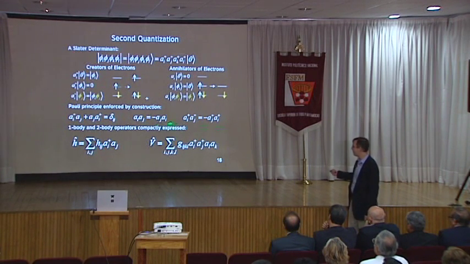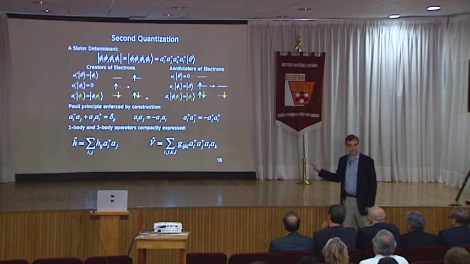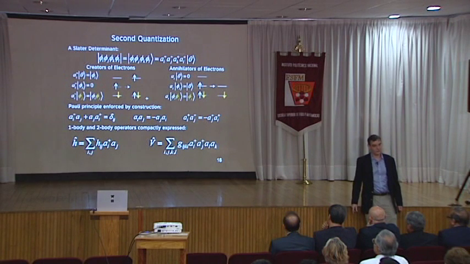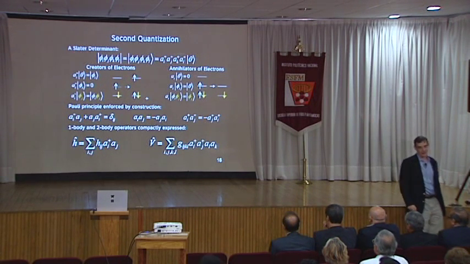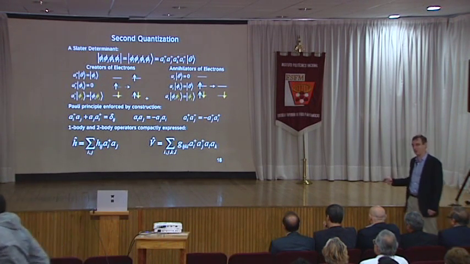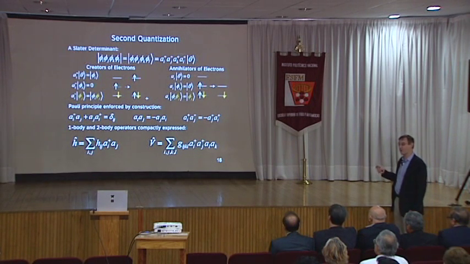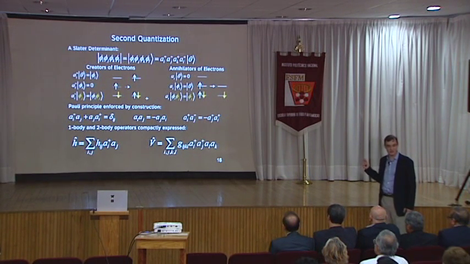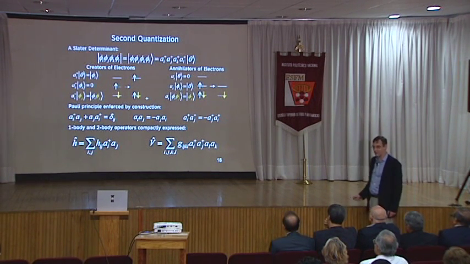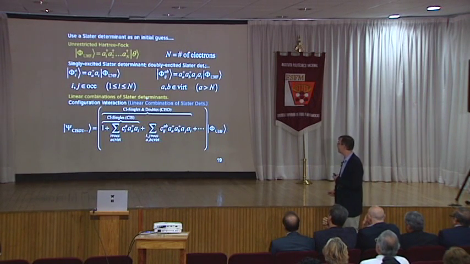And the reason we do this is this allows us to keep track of the Pauli principle just using algebra. And it turns out that all of the essential methods we have that are very powerful in the direct assault method always are using the algebraic features of the wave function. Some of them use relatively simple Grassmann algebra like this. There are approaches that use much more sophisticated algebra, which I won't talk about today.